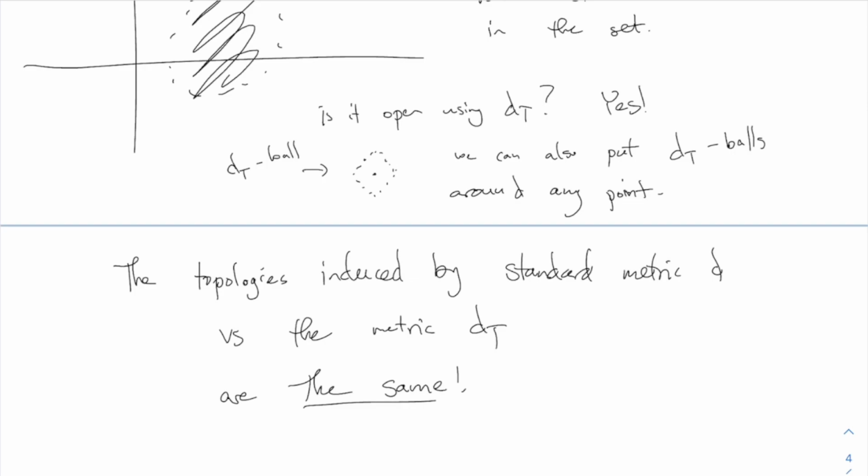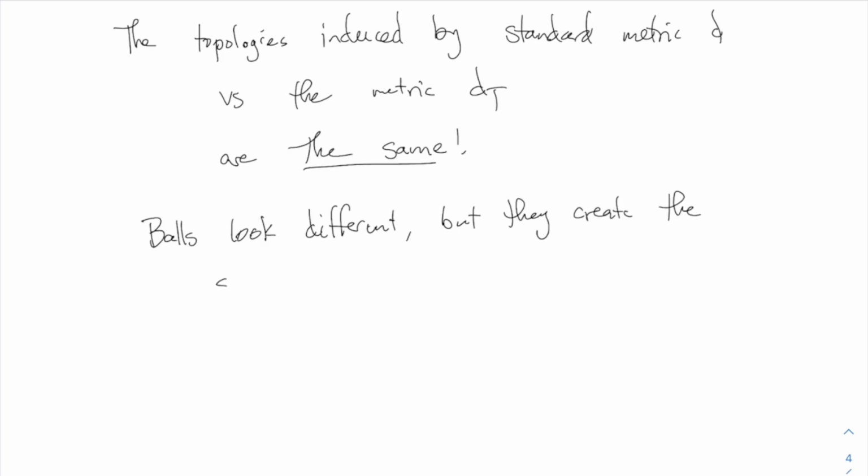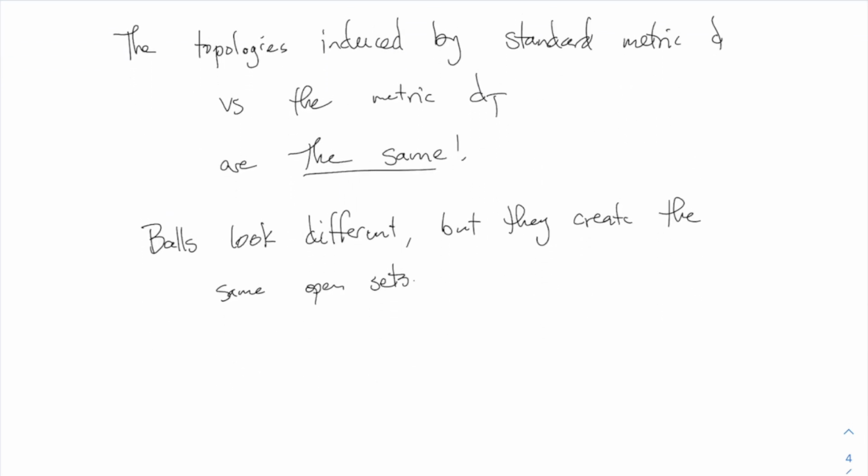Even though the individual balls look different, they have the same results when you want to ask, does a point have a little ball around it which is inside of this set? They create the same open sets. So I will say the balls look different, but they create the same open sets. All right, so these are two different metrics, but they give me the same topology on R2.